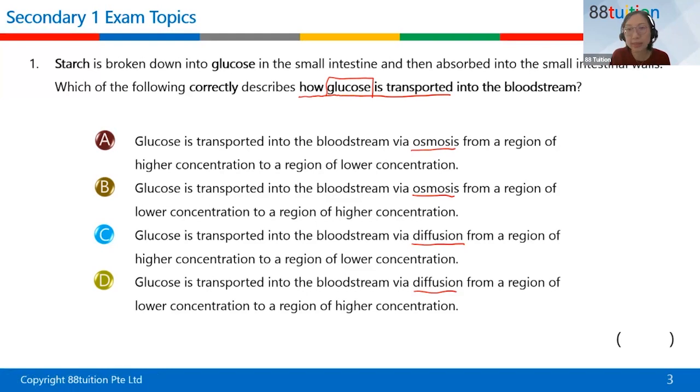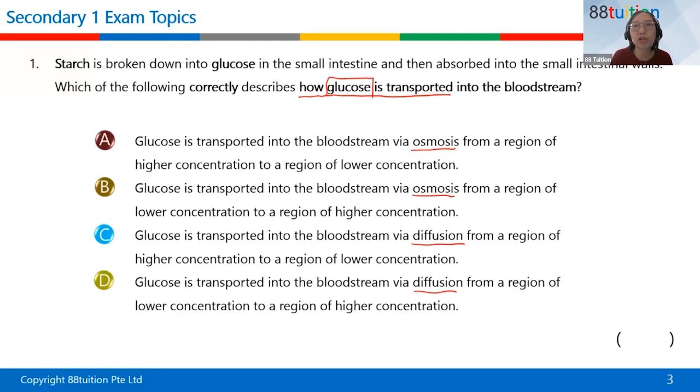Bernie, what do you think? Is this diffusion or osmosis? Thank you, Eldia. Bernie, Hein, Charmaine, Wesley, what do you think? Is this diffusion or osmosis? Okay, so Eldia thinks it's diffusion. Diffusion needs a double F, just a typo error. Bernie says osmosis. The rest, what do you think? Diffusion or osmosis?